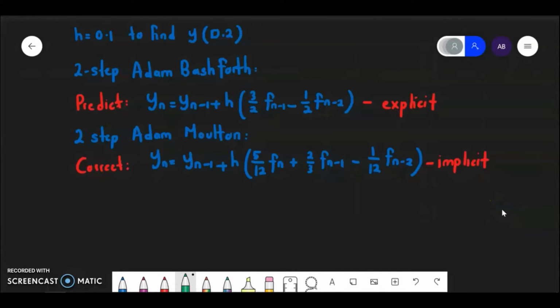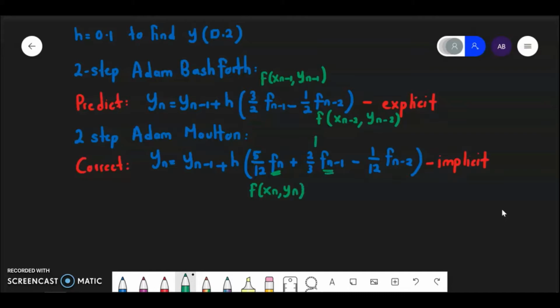So this fn minus 1 here refers to f of xn minus 1, yn minus 1. And this fn minus 2 here refers to f at xn minus 2, yn minus 2. Similarly, fn here refers to f of xn, yn.